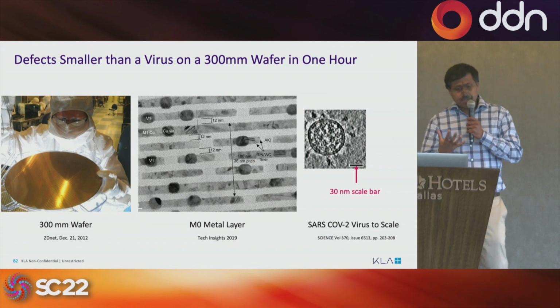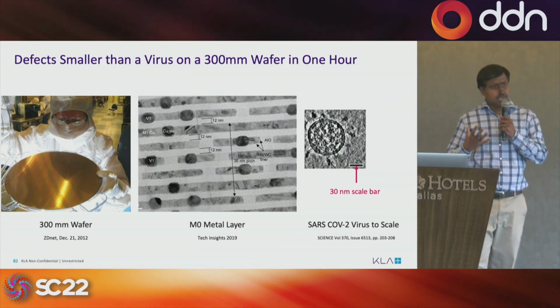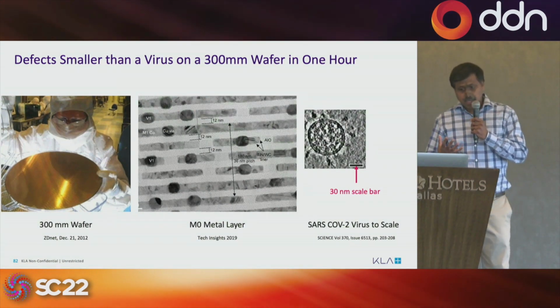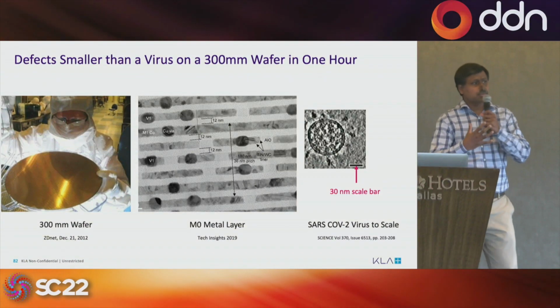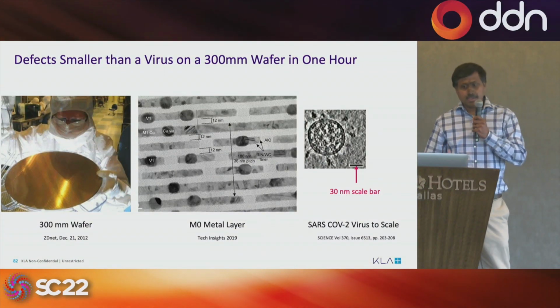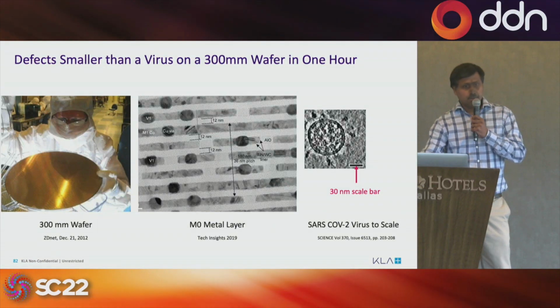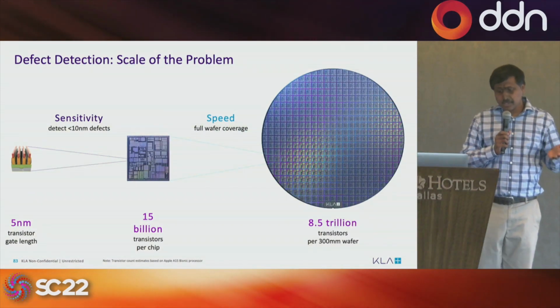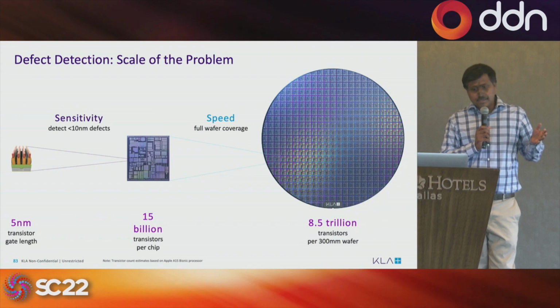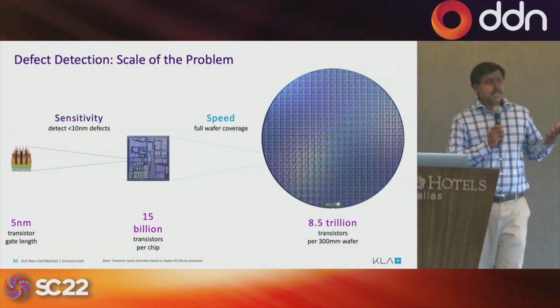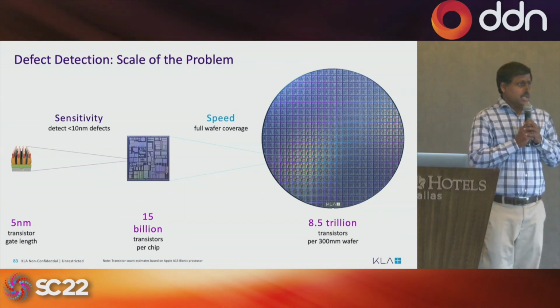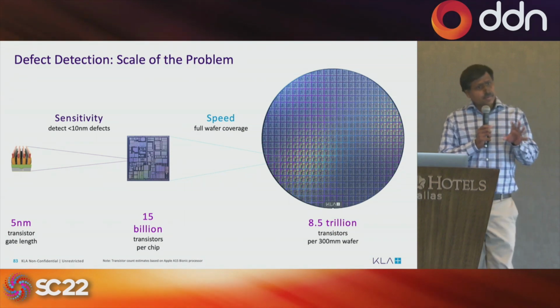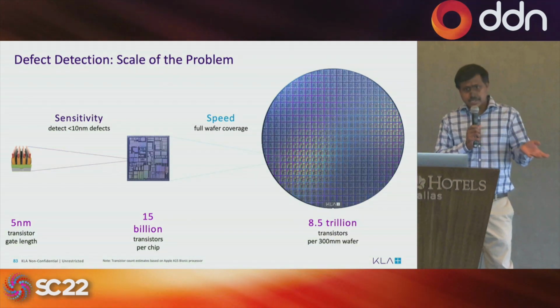In a standard wafer, which is 300 millimeters in dimension, we have to verify in 1 hour and give them all the defects that are available in that wafer. And the scale of the problem is huge these days. The standard Apple A15 chip has 15 billion transistors, and in a wafer there would be roughly about 600 chips.